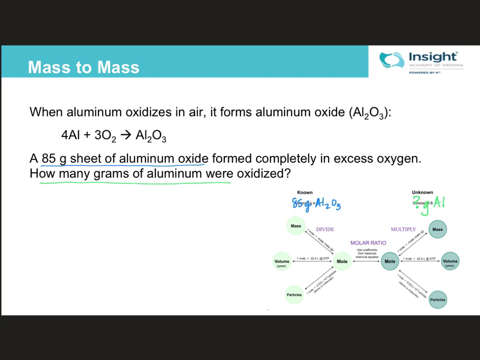We call this a mass-to-mass problem because we have grams and we need to calculate grams. So that means you are going from here to here. So, step 1. Let's convert that mass to moles.